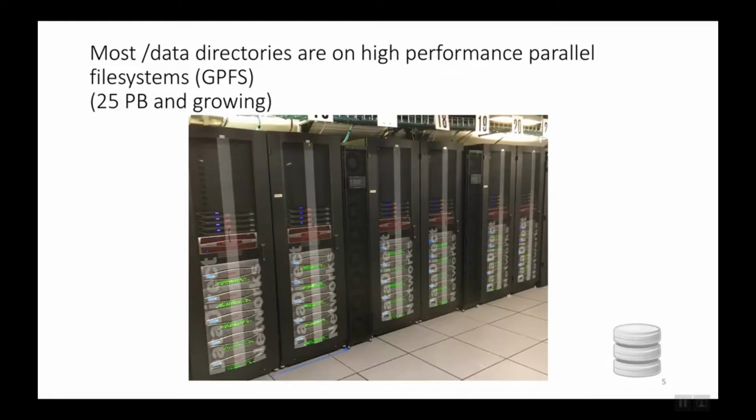Let's talk a little bit more about data directories. Most data directories are on high-performance parallel file systems that use a file system called GPFS. The HPC staff currently maintains 25 petabytes of GPFS space.